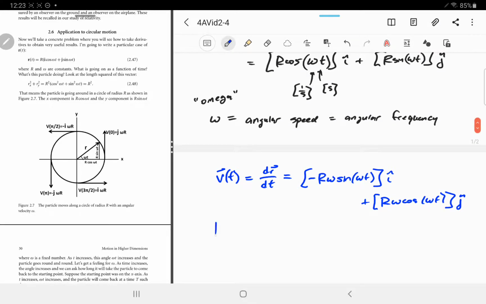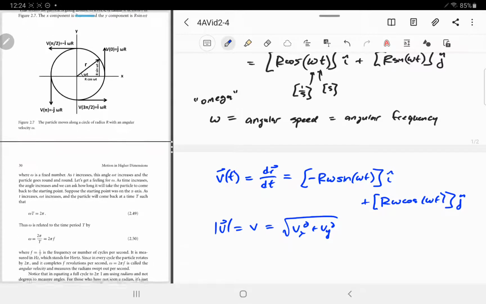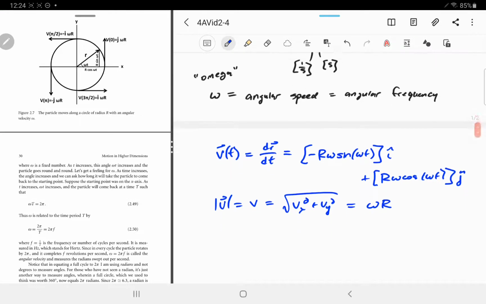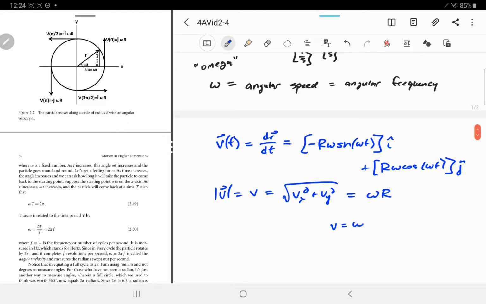And you can see the magnitude of this thing, the speed, if we do the square root of vx squared plus vy squared. Using the fact that sine squared plus cosine squared is 1, you can show that this is just omega times r. Okay, so this is one key result for uniform circular motion.